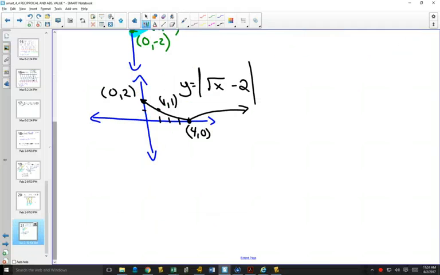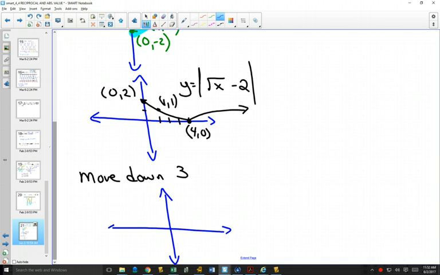And now finally, the very last thing we have to do is move everything down 3. So instead of 0, 2, if I move that point down 3, I'm going to have 0, negative 1. Instead of 1, 1, I'm going to have 1, negative 2.